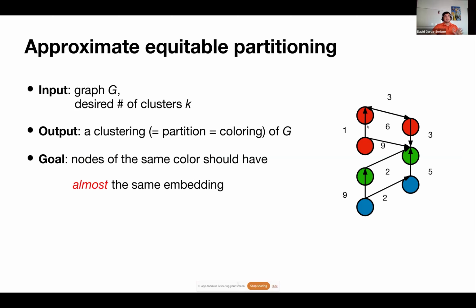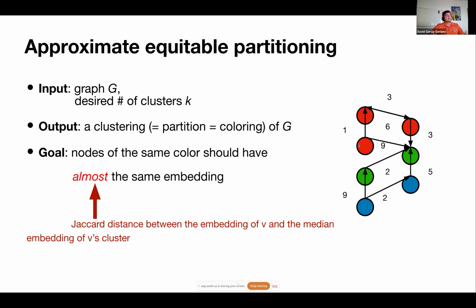And now we want that vertices in the same cluster should have almost the same embedding, almost the same degree counts. Now, what does almost mean? Again, we're going to use Jaccard distance. For any given vertex, we can measure the distance between its embedding and the median embedding of all the vertices in this cluster. So I can look at the vertex here and all the 3 red vertices.